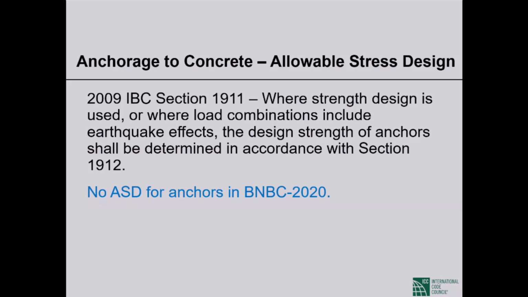Back in those days, there was allowable stress design of anchors and strength design of anchors. And IBC was saying when you were doing strength design for your structure that included the anchors, or when the anchors were subjected to earthquake forces, you had to do strength design.